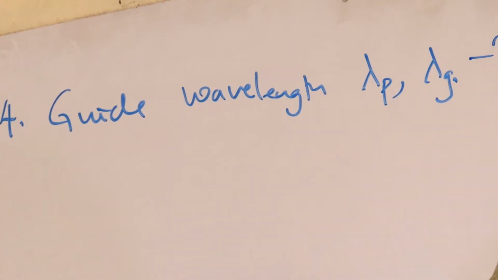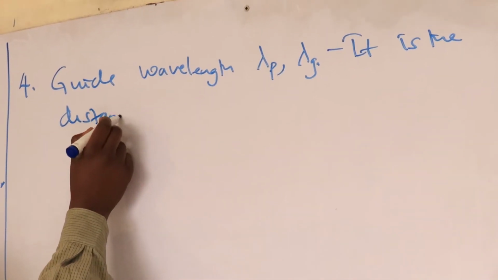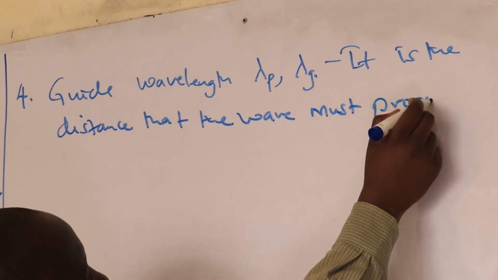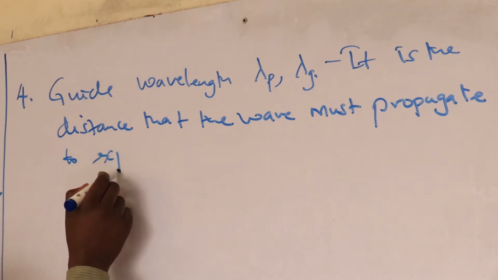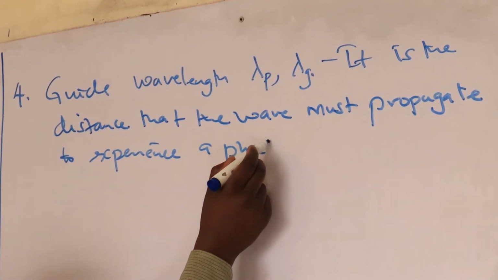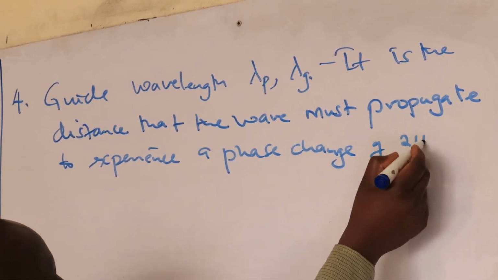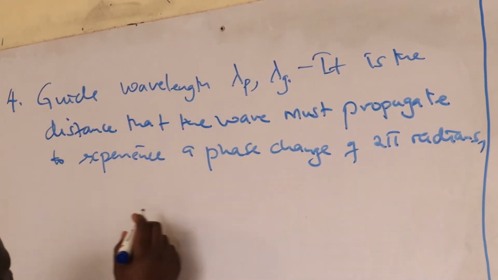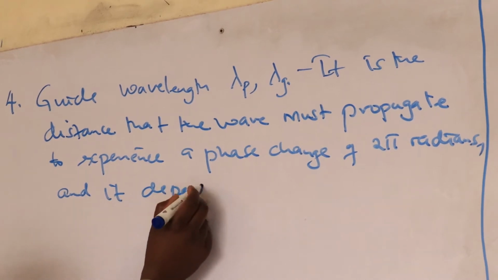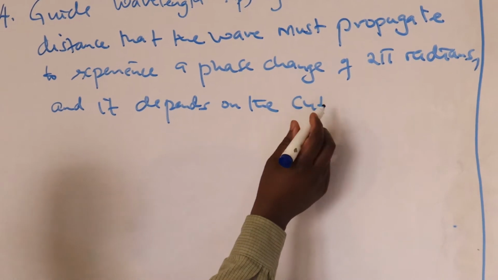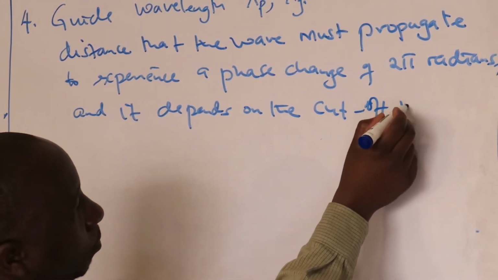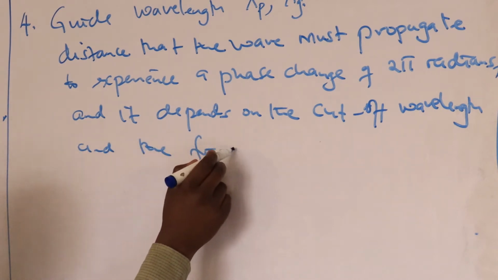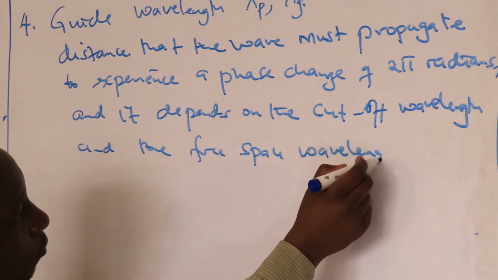It is the distance that the wave must propagate to experience a phase change of 2 pi radians, and it depends on the cut-off wavelength and the free space wavelength.